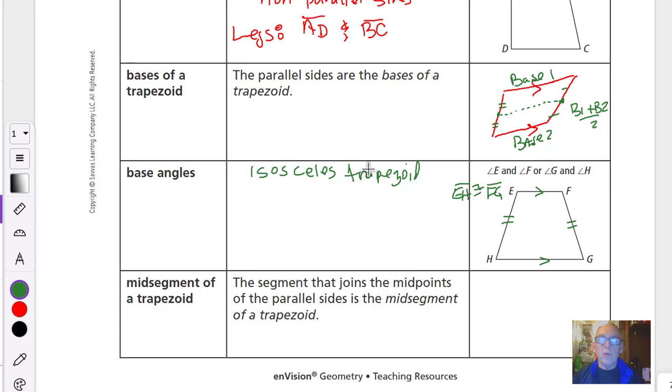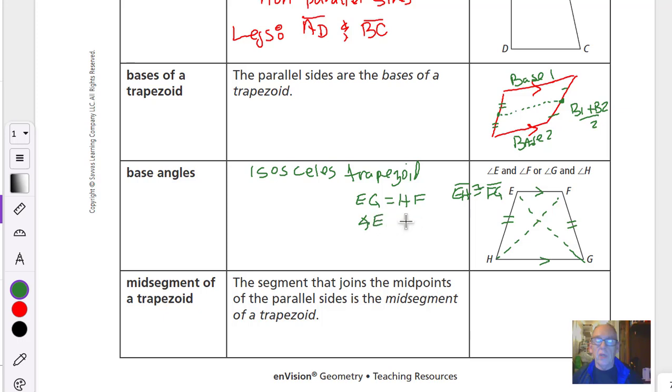Which has special properties that a regular trapezoid doesn't. In an isosceles trapezoid, the diagonals are congruent, so we would have EG equal to HF. Diagonals are congruent, and also the base angles are congruent.